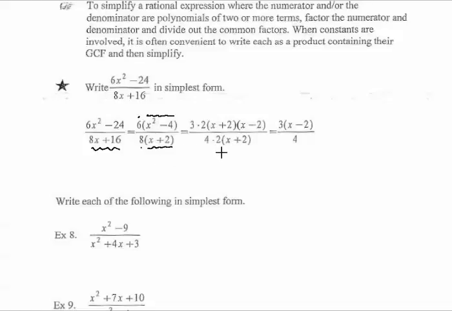So in the next step, x squared minus 4 is broken up into two factors. And we now have an x plus 2 and an x minus 2 on the top. And the x plus 2 on the top will now cancel with the x plus 2 on the bottom, just like numbers do.